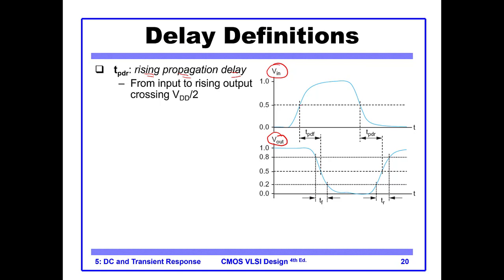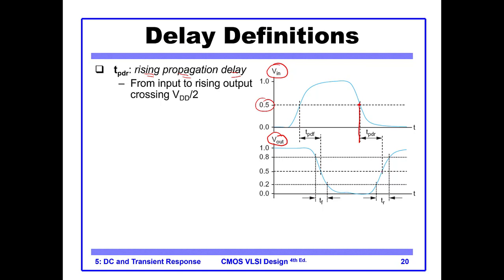So let's first consider the definition of TPR, okay, rising propagation delay. So when your input is going below 50%, so our input is going down 50%. 50% is this 0.5. So the total swing is 1 volt. So 0.5 is our 50%.